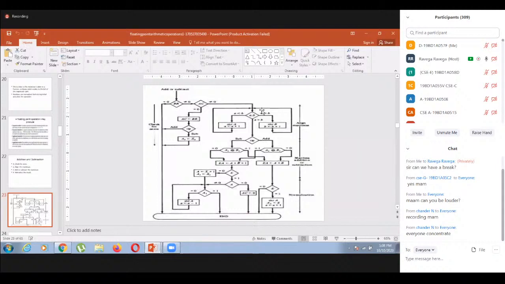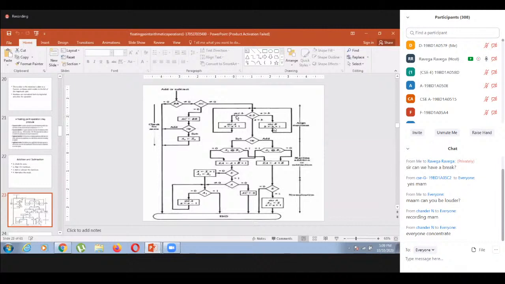then you compare the exponent values. If the exponent of A is less than, equal to, or greater than that of B, you perform shift right operations accordingly. So if the two numbers are non-zero, you perform the exponent value comparison.